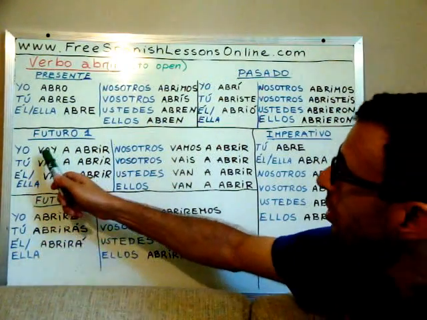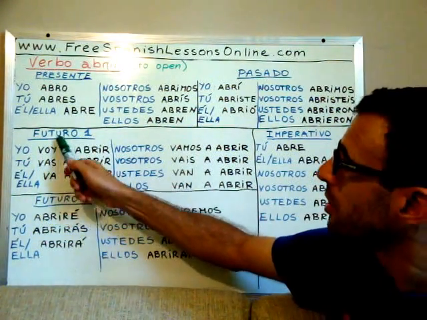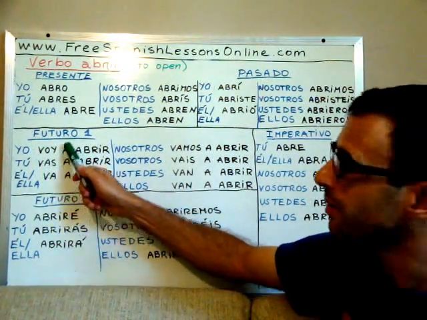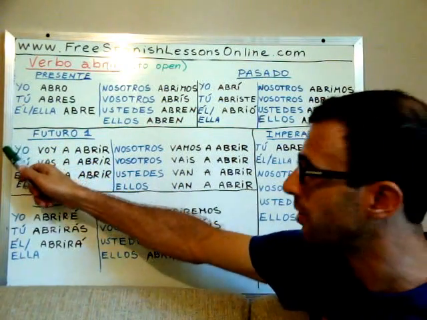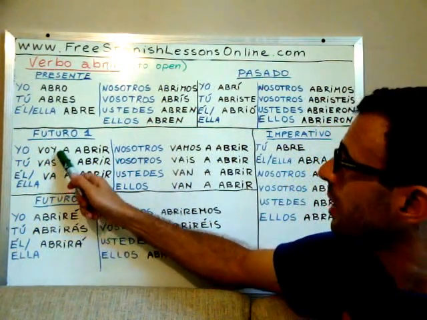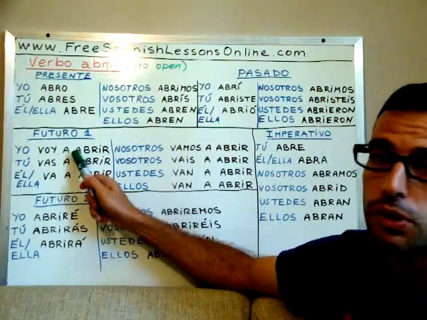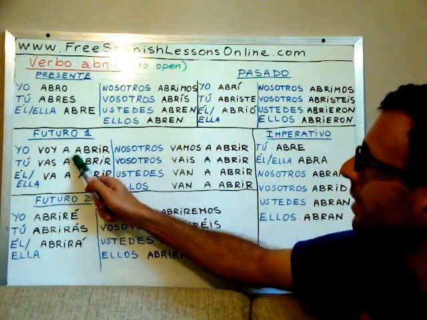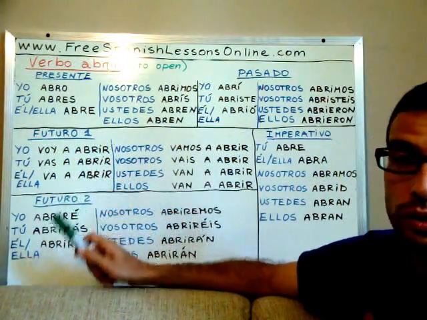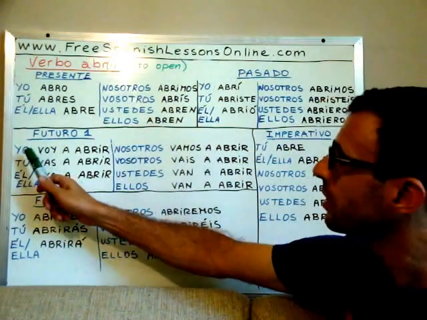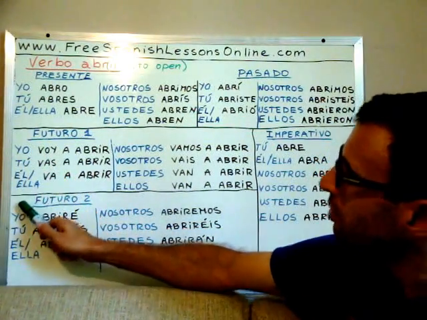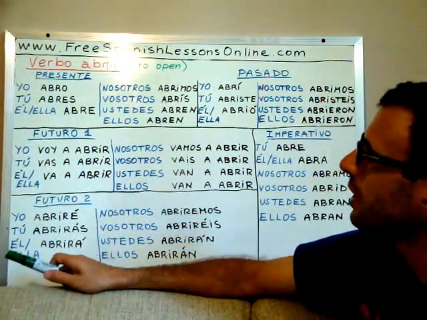We use the auxiliary verb to go, or ir, but conjugated. Then we use a, which means to, and then the verb in infinitive that we want to conjugate. So let's begin first with this one, right?